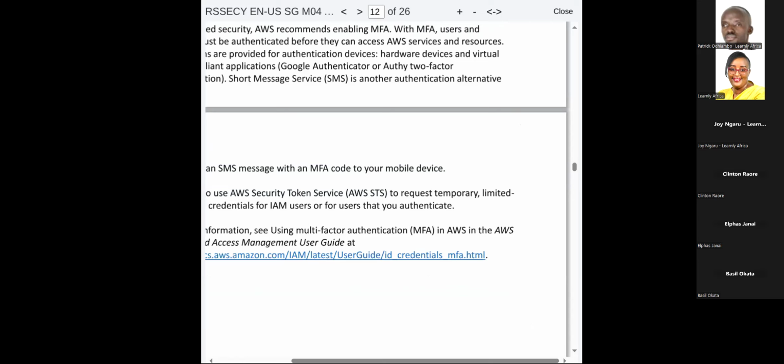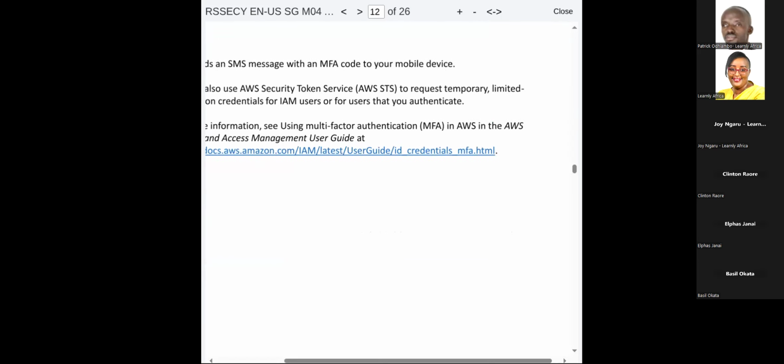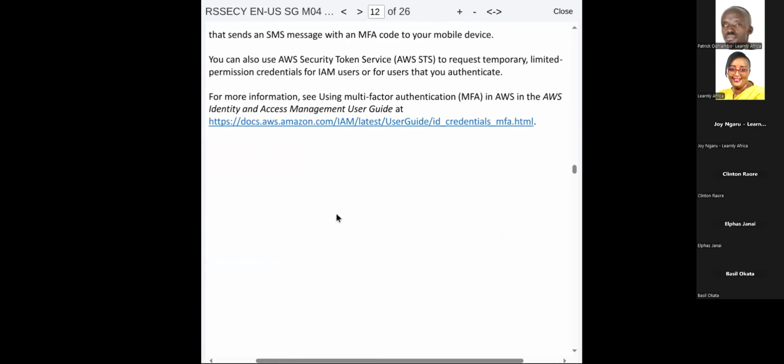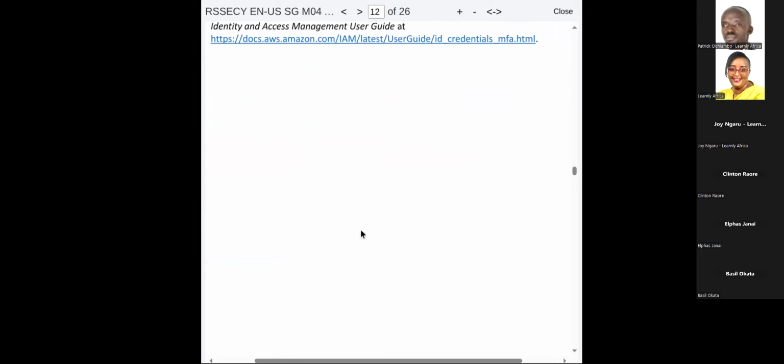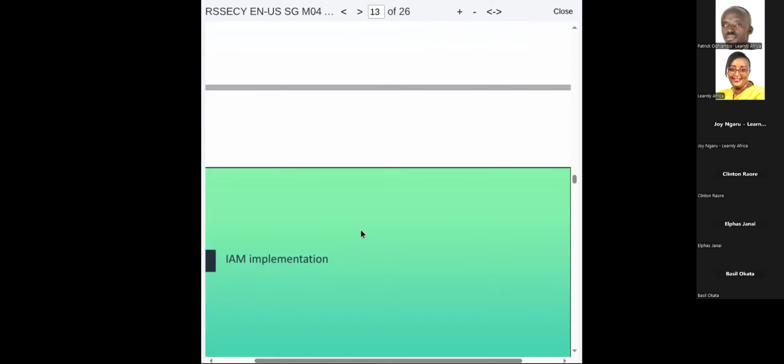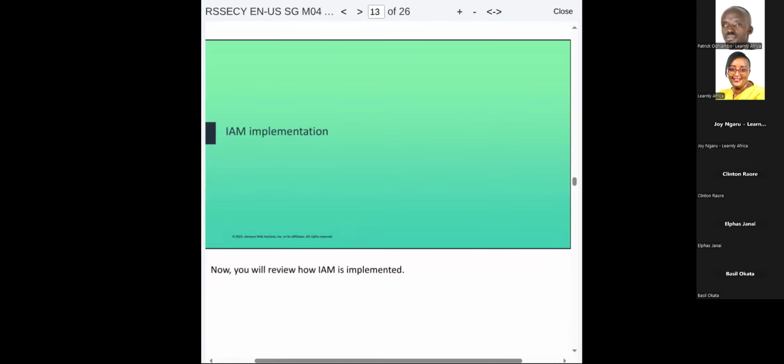STS is for giving you a one-time PIN. It's for requesting temporary credentials. It's like giving you an OTP. Remember that. So you can use STS to supplement MFA. Hope you guys have understood.